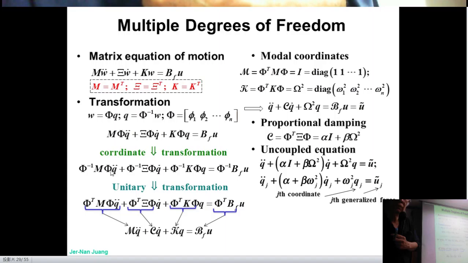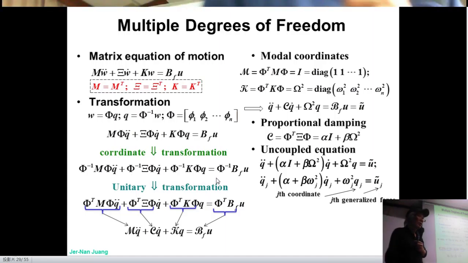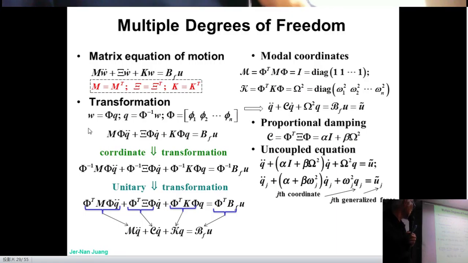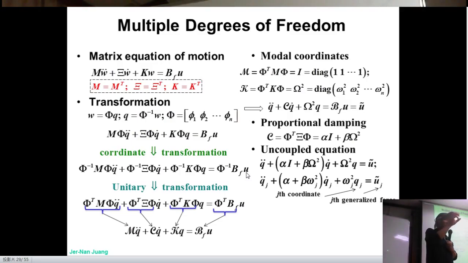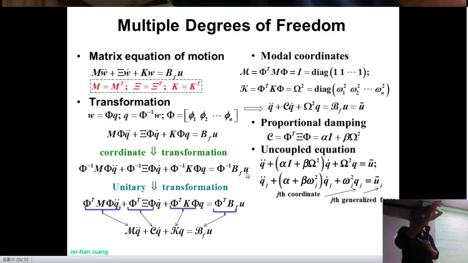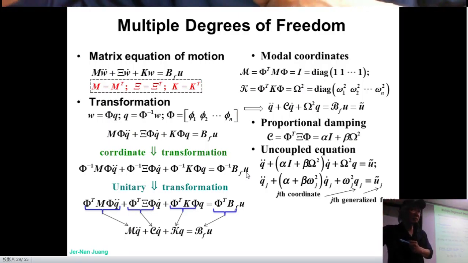Then you get this kind of transformation: phi inverse M phi Q double dot plus phi inverse C phi Q dot plus phi inverse K phi Q equal to phi inverse B F U. But the important thing here is phi inverse M phi. What does that mean? A matrix's inverse, times a symmetric matrix, times the matrix itself.